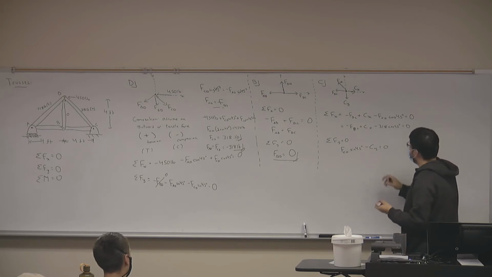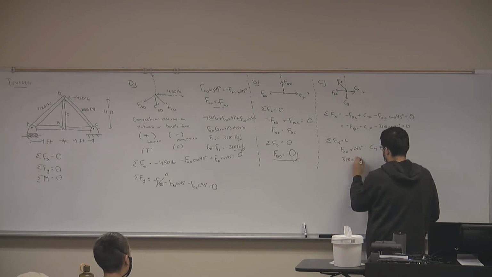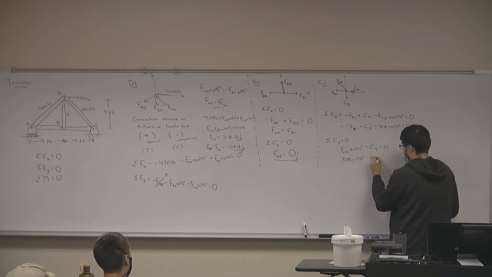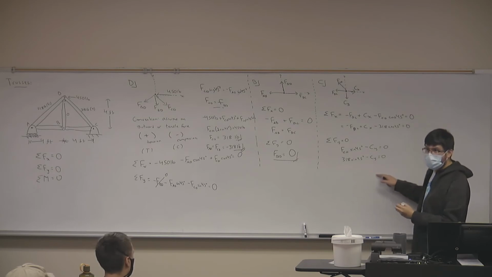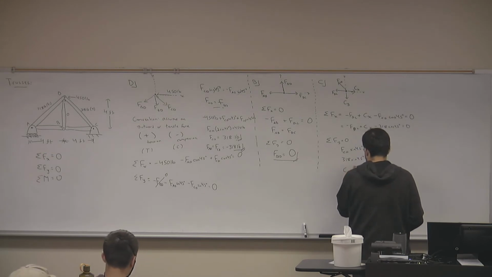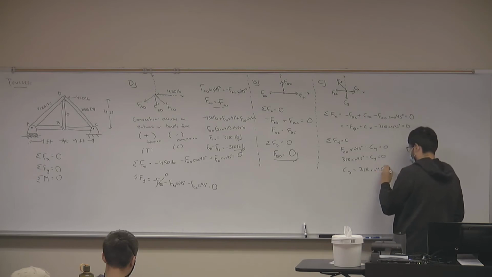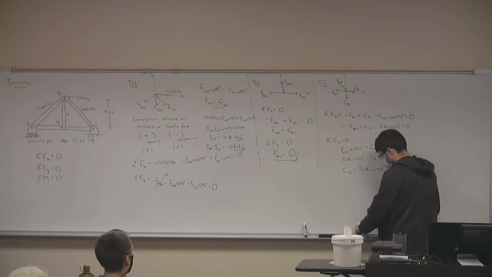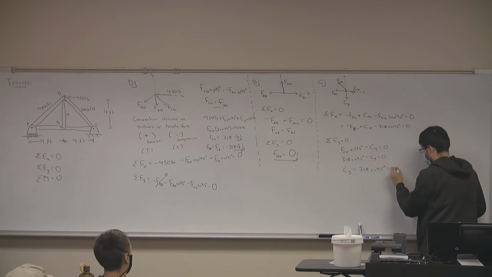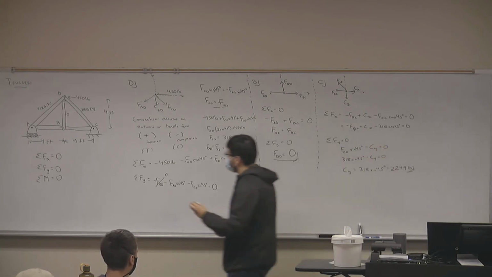So FCD is 318 sine of 45 minus Cy equals 0. How many unknowns? One. Can I solve it? Yes. So Cy is equal to 318 sine of 45. And what's that? 224.9. Units? Pounds. There we go. Good. We found a reaction force.